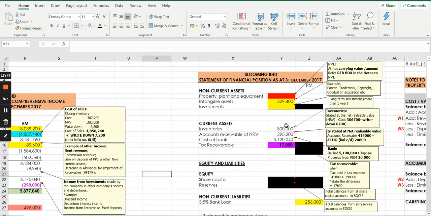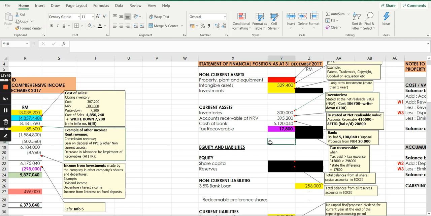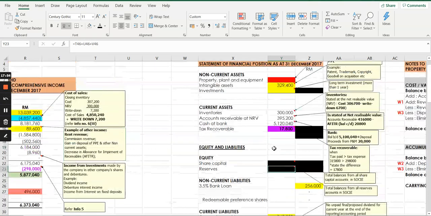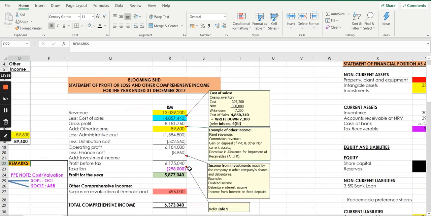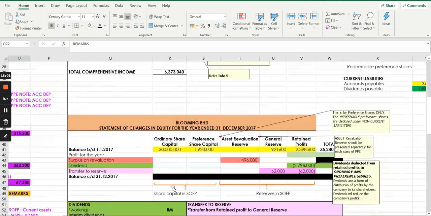You can now go and do your remaining things, which is your items like share capital and reserve, as well as your items related to PPE. So let's do the share capital and reserve first. There are no adjustments for the share capital. You go and check if there are any share buyback, any bonus issue, any conversion of debentures into shares, any treasury shares, any rights issue, and any redemption.